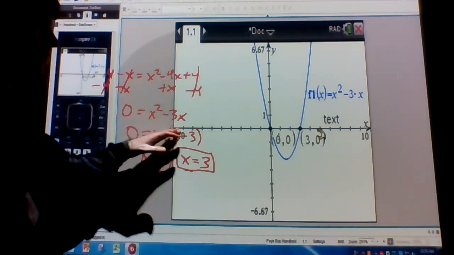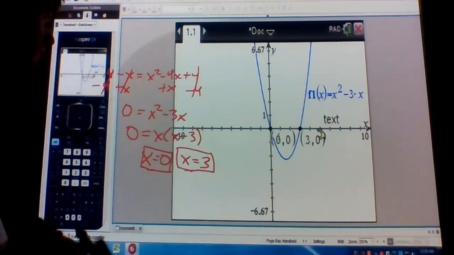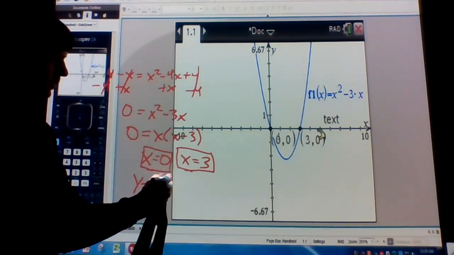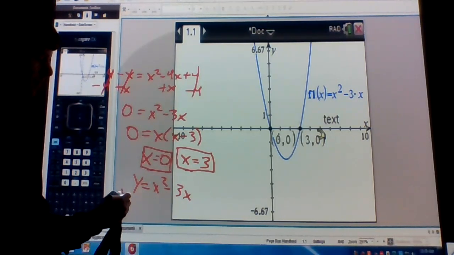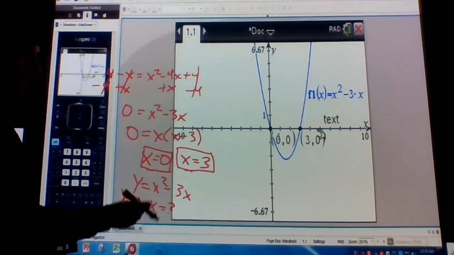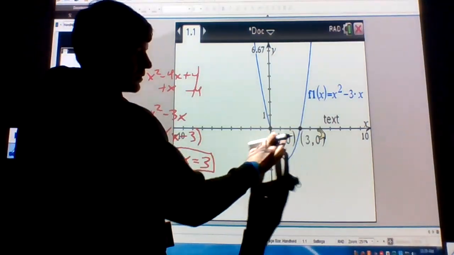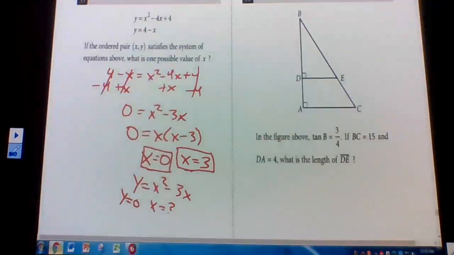When you're going to graph it on an xy plane, you need an x and a y, so you need two variables. So we're going to say that this is y equals x squared minus 3x, and we're going to look for when y equals 0. So when y equals 0, x equals what? So that's essentially what we're doing. And so the possibilities are 0 and 3.